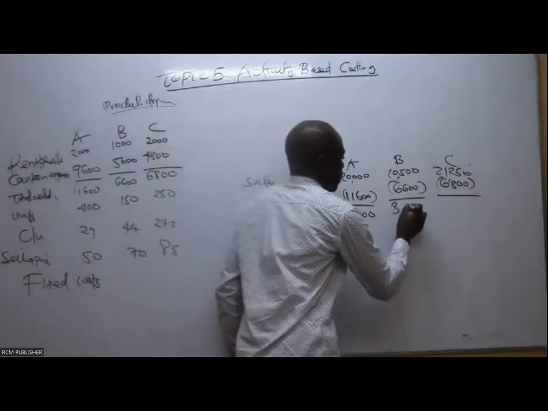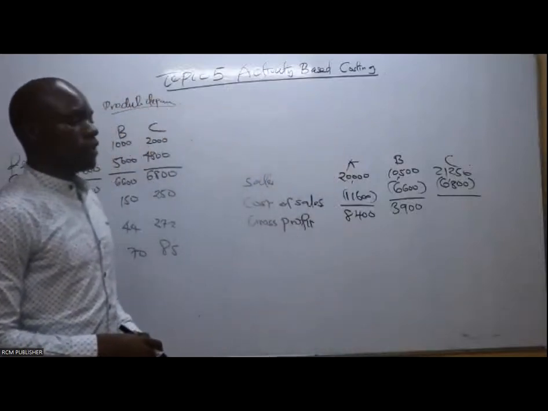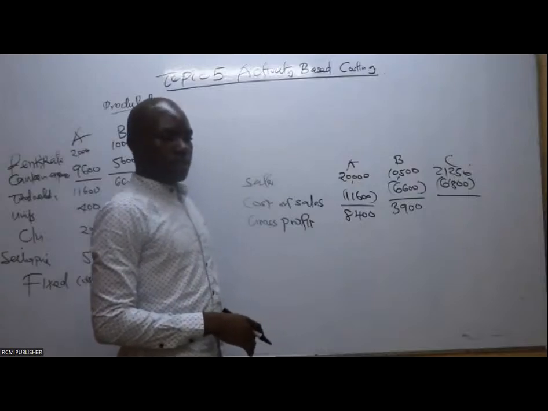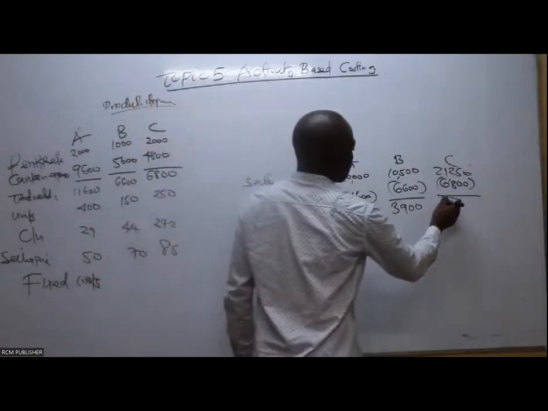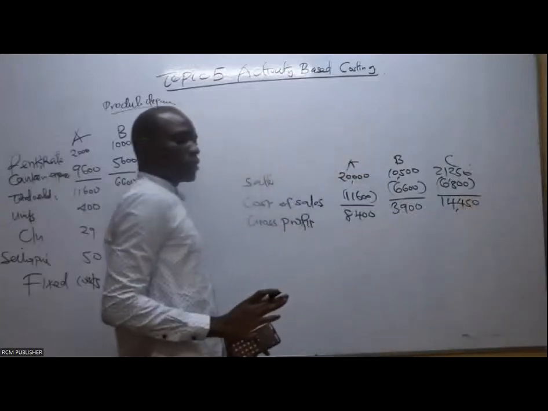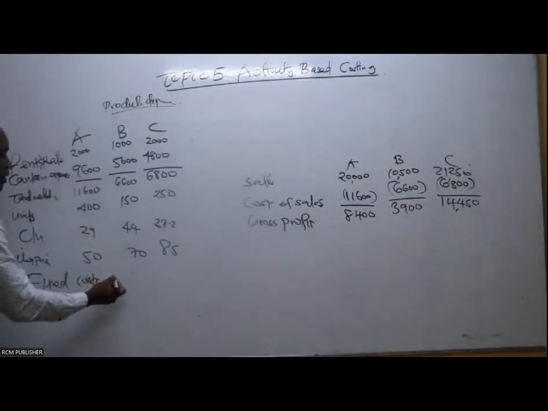That is 3,900. Then C, 21,250 minus 6,800, is 14,450. Then you are being told that the fixed costs for the entire organization is 16,000.